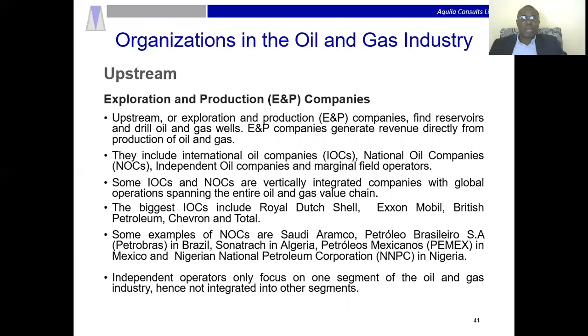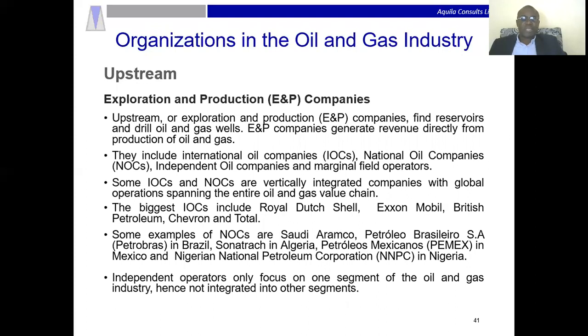And the exploration and production companies are generally divided into three types. We have international oil companies, national oil companies, and independent oil companies. And also, in some countries, you may have what you call marginal field operators.